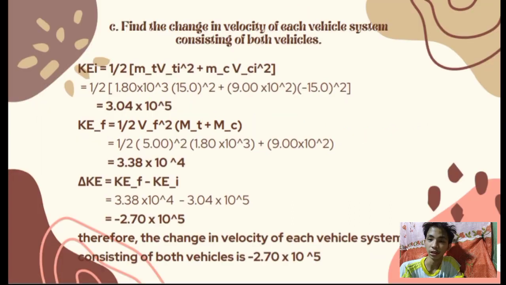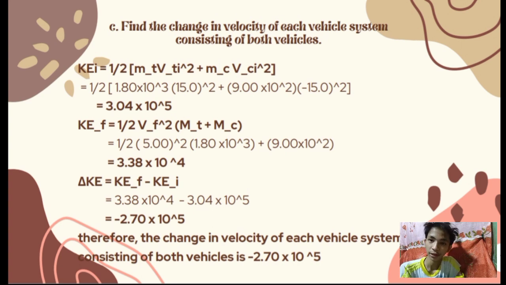So ngayon, last part na tayo sa letter C. Sa C naman yung kinetic energy. So ang ginamit kong formula dito is kinetic energy initial equivalent to 1/2 multiplied by mass of truck multiplied by velocity of truck initial squared plus mass of car multiplied by velocity car initial squared.